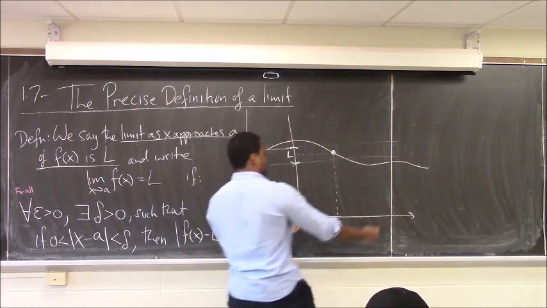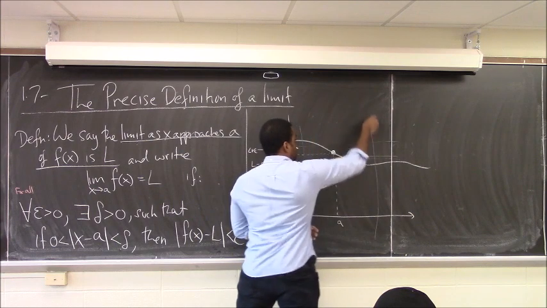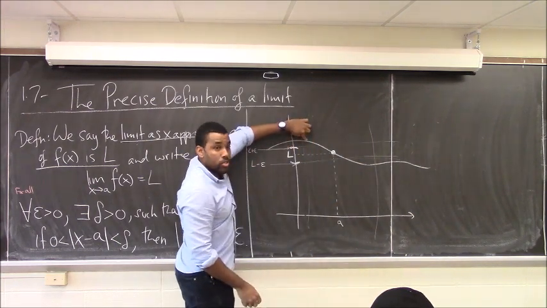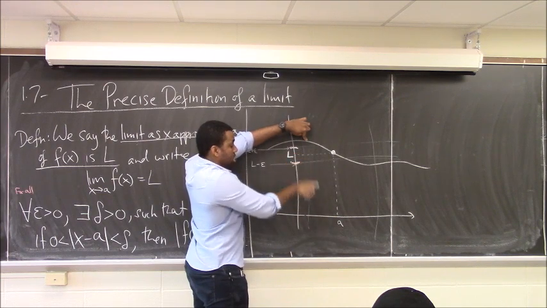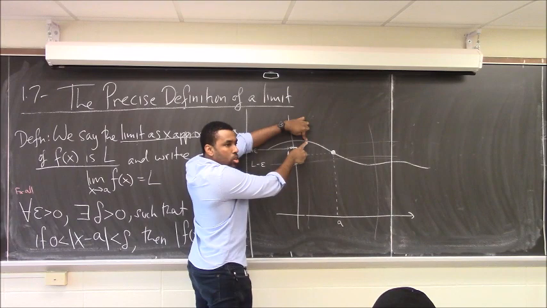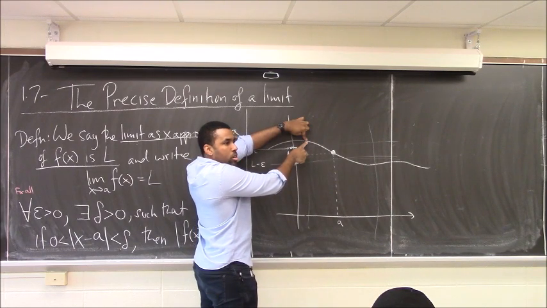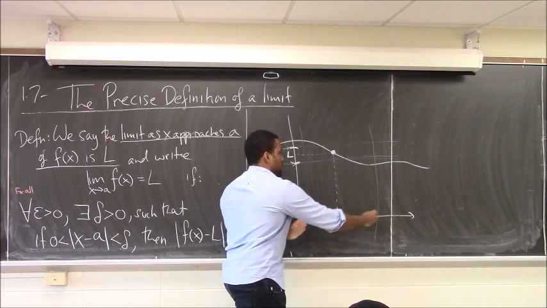So for example, if you set the window here, you'll notice that there are y values on the function that's outside that window, right? So in theory, if you gave them this window, someone could say, no, that y value is not close enough. There's an output that's not close enough for what I want. So you have to be able to tell them a window that's going to work.